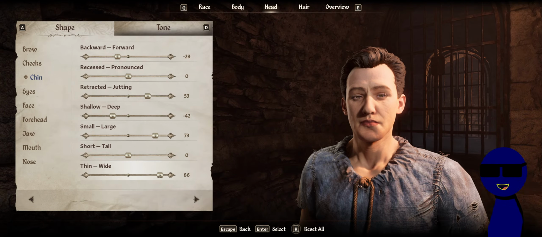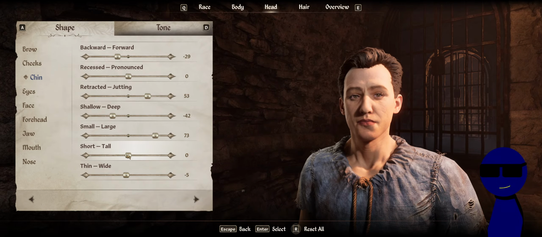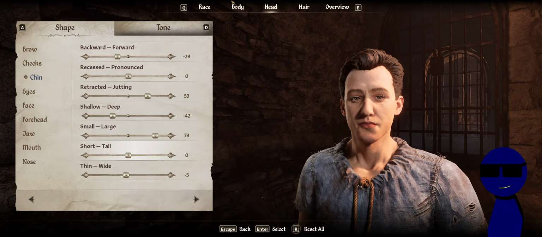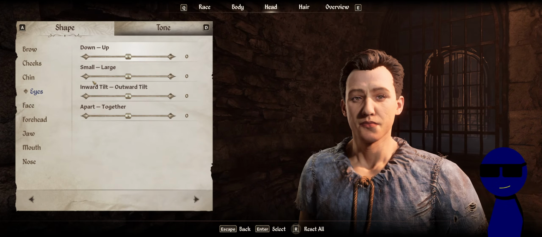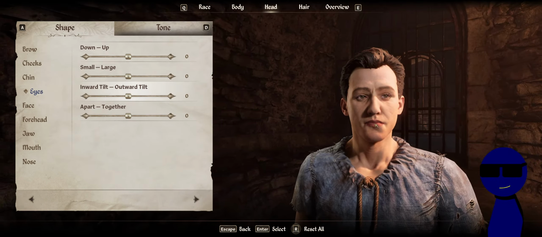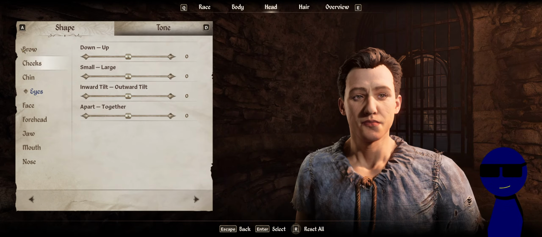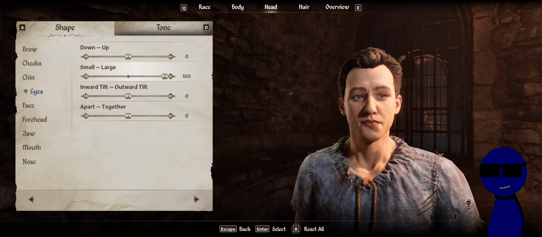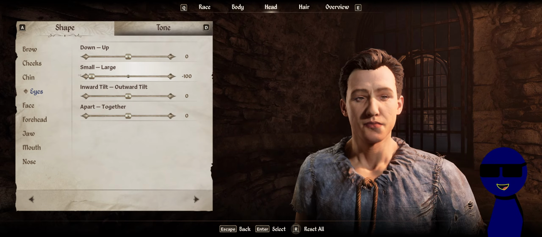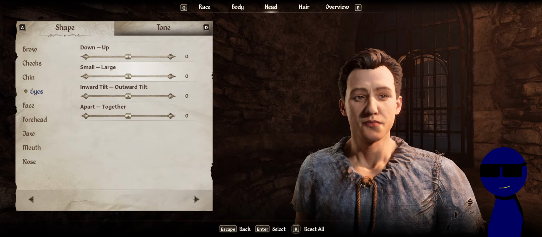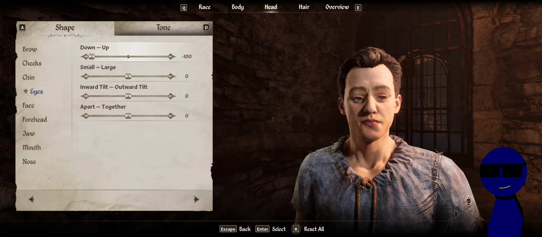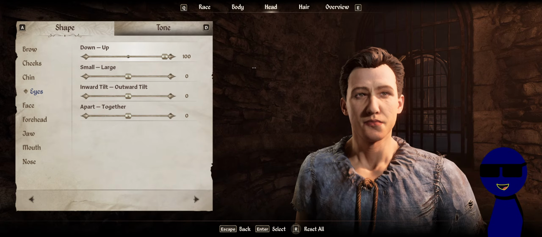This just looks ugly. Dude, this guy has so many wrinkles. Anime eyes. Hey, my eyes are up here.